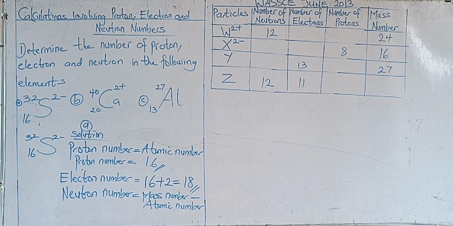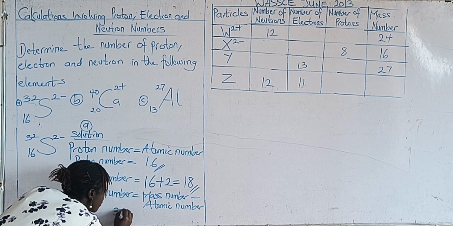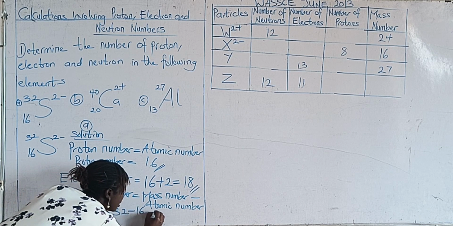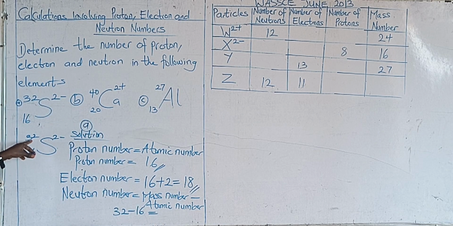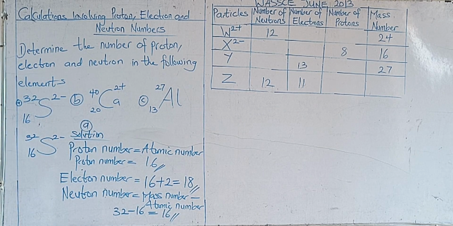The mass number here is 32 and the atomic number is 16, so we have 32 minus 16. Our neutron number is 16. I hope you get it. Is that clear? That's lovely.